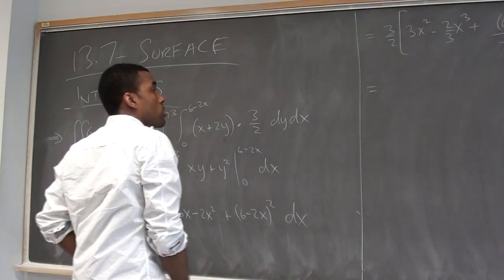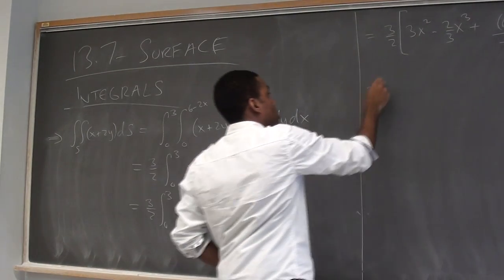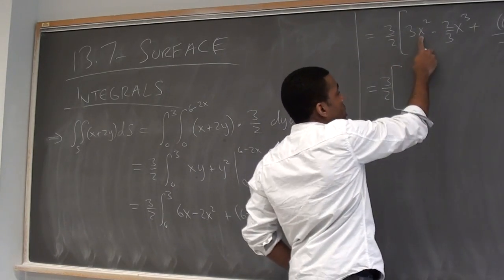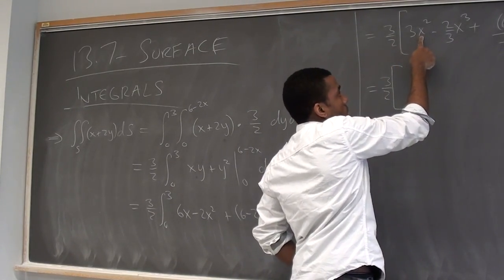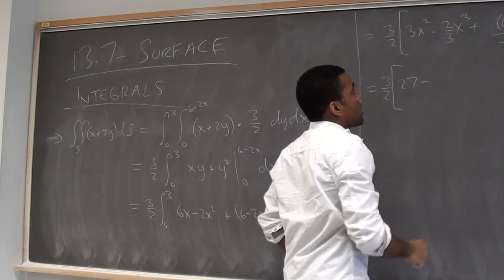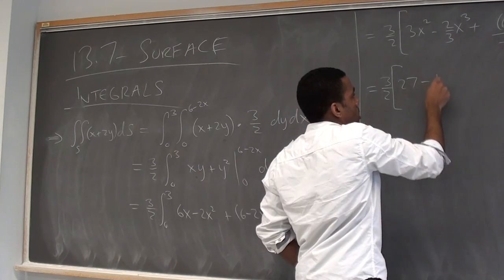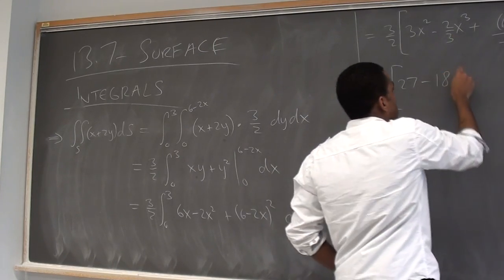And so we would have 3 over 2 times, plug in 3 here, get 3 cubed, that's 27. 3 here, get 27 divided by 3, that's 9, times 2, that's 18.